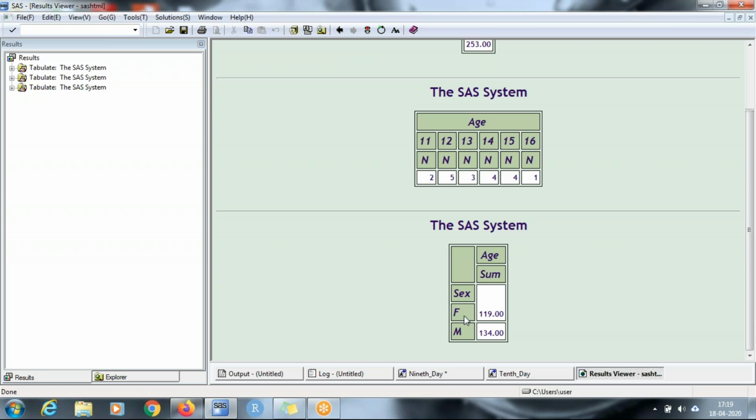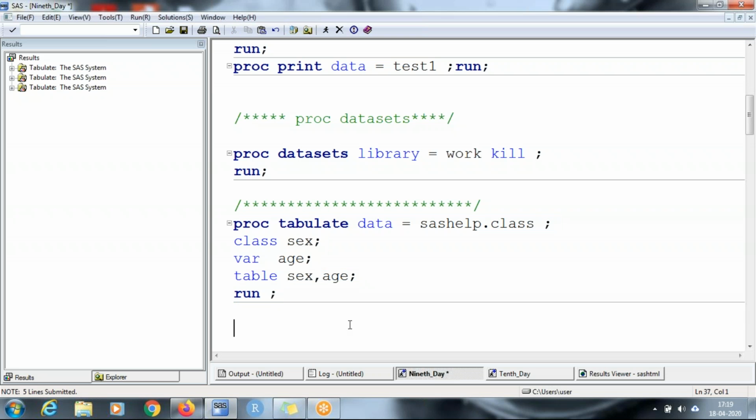Your age comes in column, your gender comes into row because of the definition of the table. Any question on this? No question? Okay.